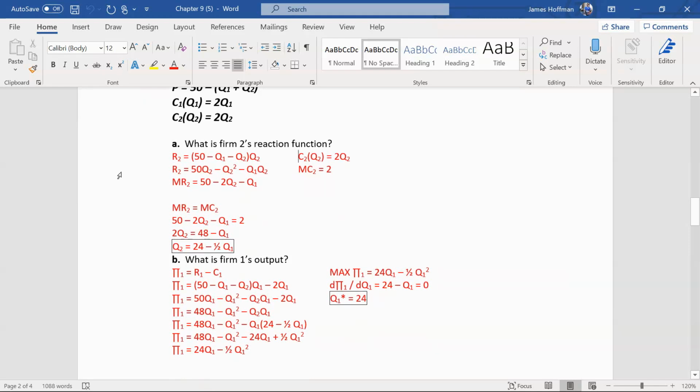All right, and then firm 2's cost is 2Q2, and to get the MC of that, just differentiate with respect to Q2. This is easy, MC2 is 2.